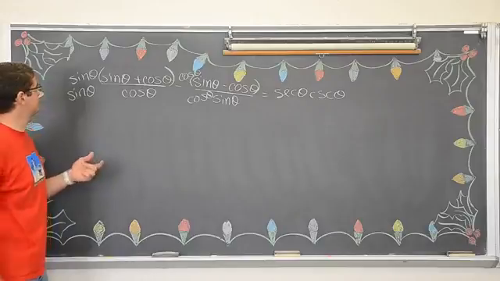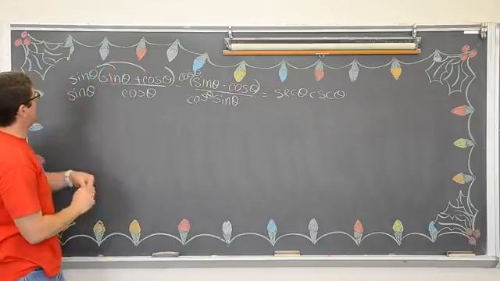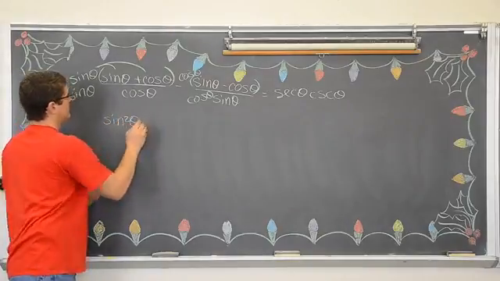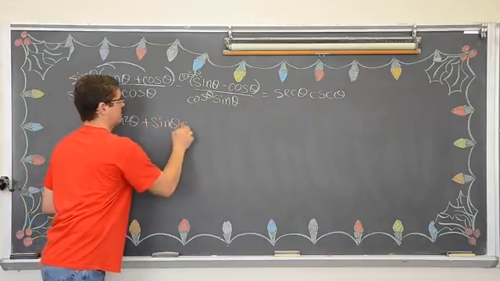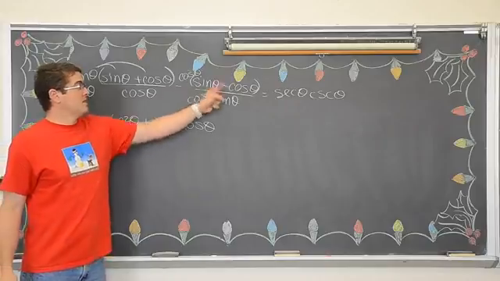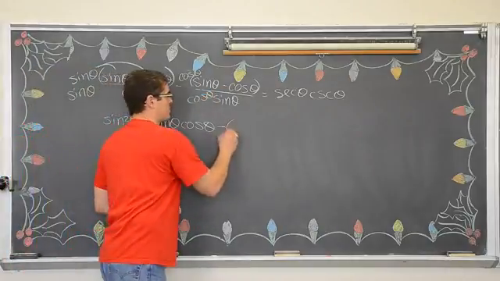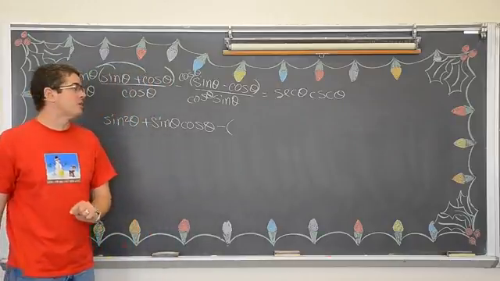And what do we get? Well, we're going to distribute. So we have sine times sine is sine squared. Sine times cosine is plus sine theta cosine theta. Now look, minus in the middle, and the second fraction has two terms. If you do not properly use your parentheses, you are not going to carry that negative sign through and your proof is going to fall apart.